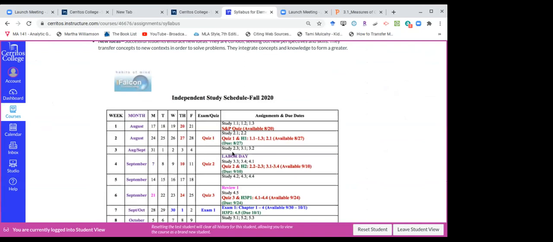Notice that you're studying for 2-3, 3-1, and 3-2, okay? You had a quiz up to 1-3 and 2-1, and so you're doing 2-3, 3-1, and 3-2. And then the following week is Labor Day, and you have 3 more sections due.